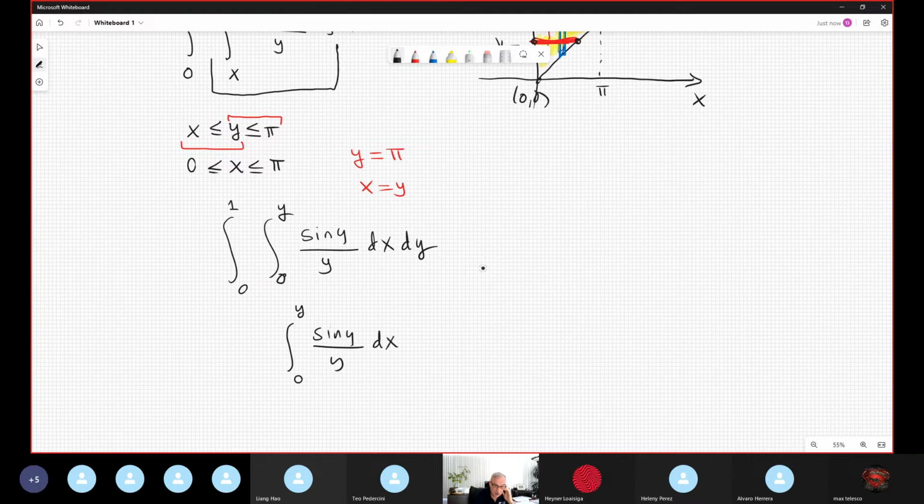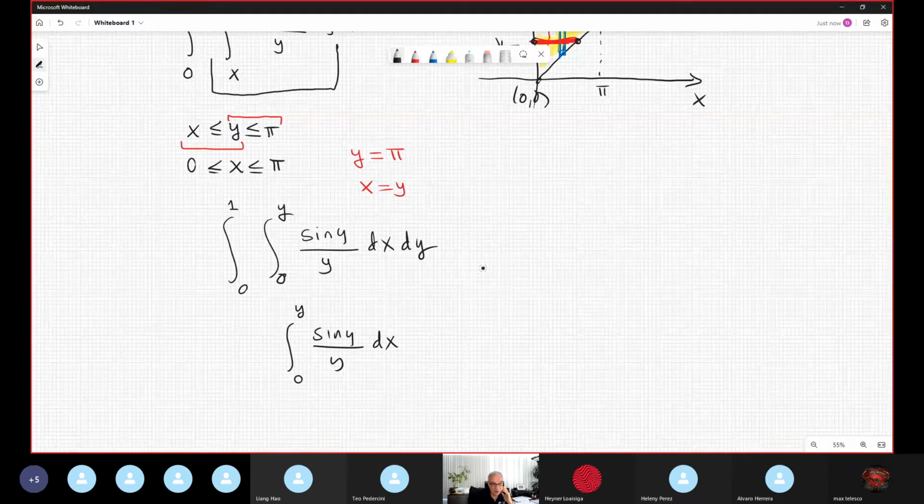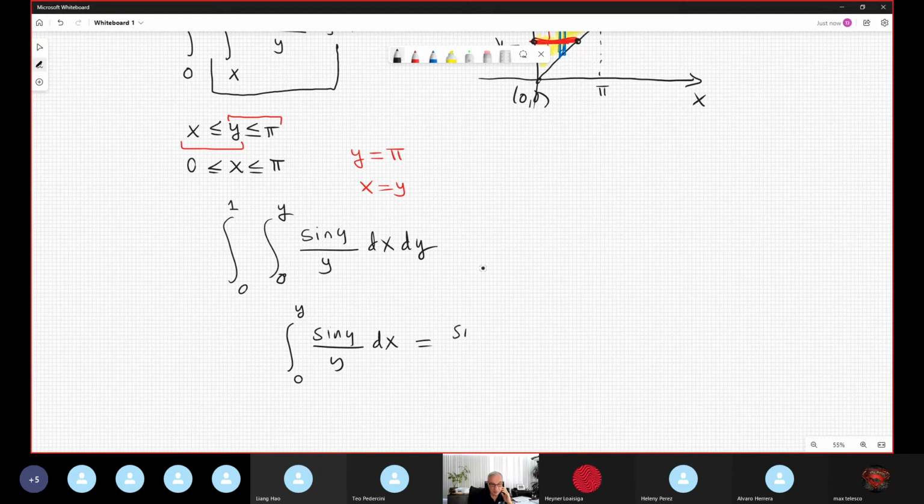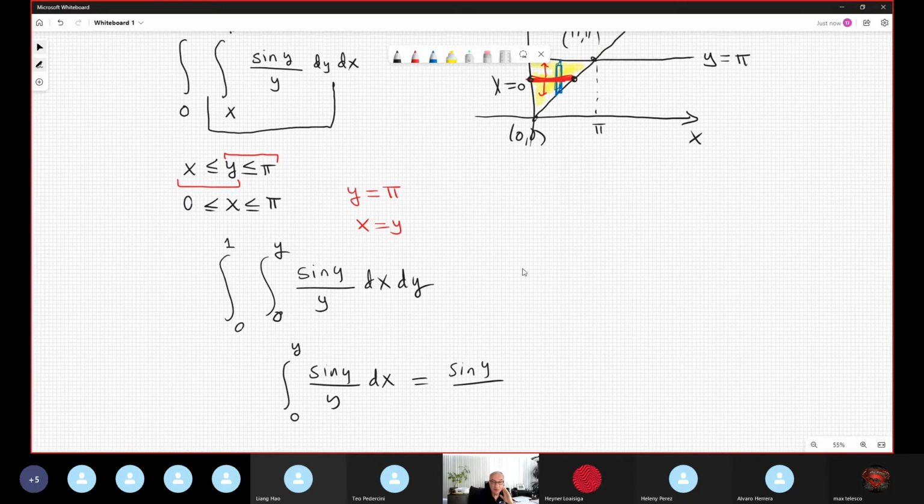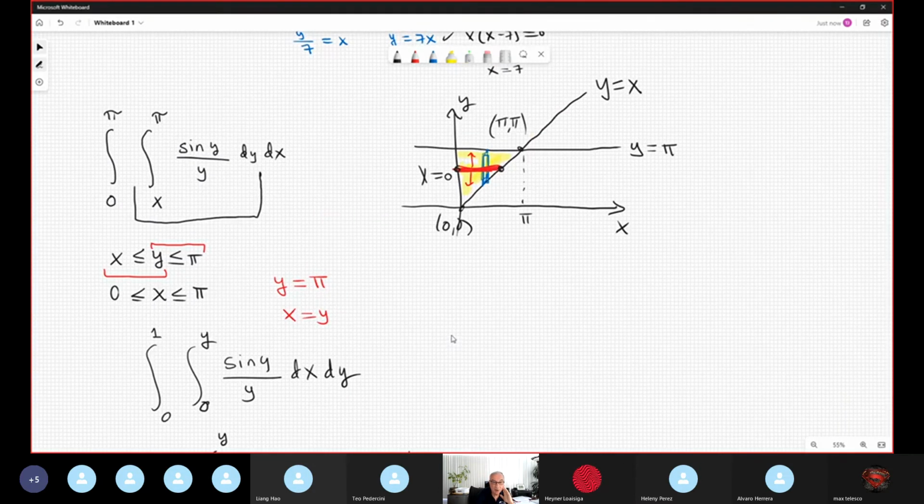But the problem is that I integrate with respect to x, sorry. So everything depending on y is constant, I put outside. Y is 0 to 1.